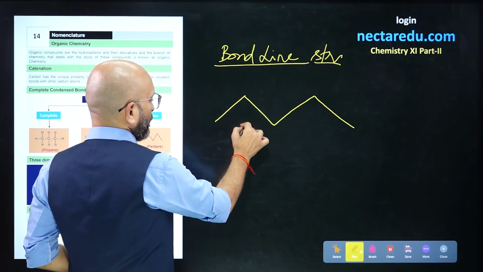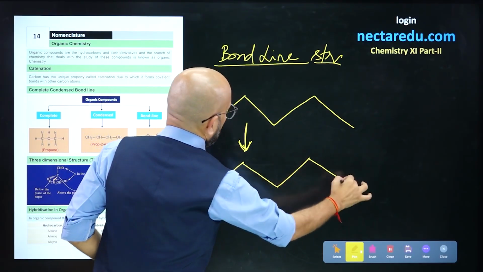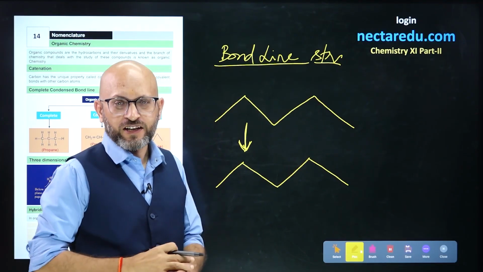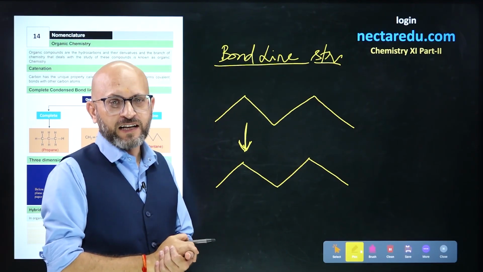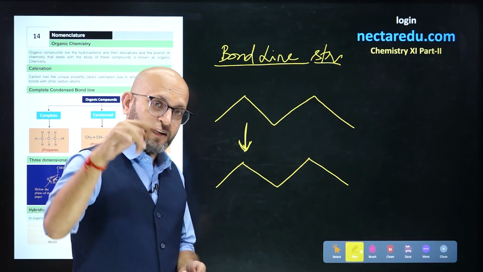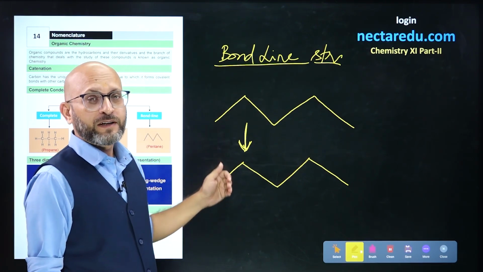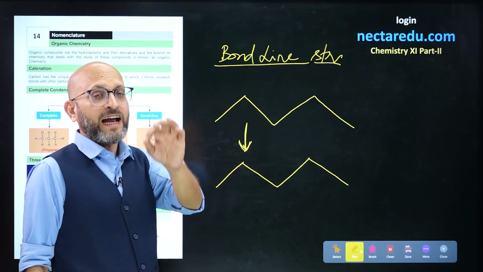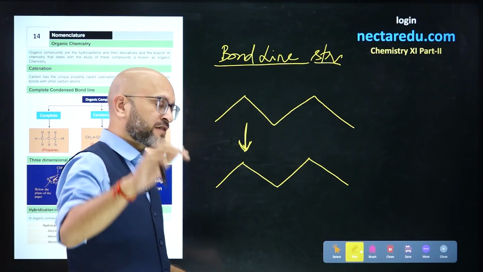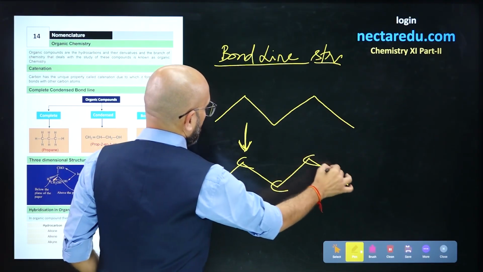I'll show you how to interpret this. There will be a carbon atom at each junction. There will be one carbon at the start and one carbon at the end of each line. I'm repeating it for you: one carbon at the start of the line, one carbon at the end of the line, and one at each junction, and each carbon must have 4 bonds. Let's see. I have a carbon out here, one carbon here, one carbon here, one carbon here.